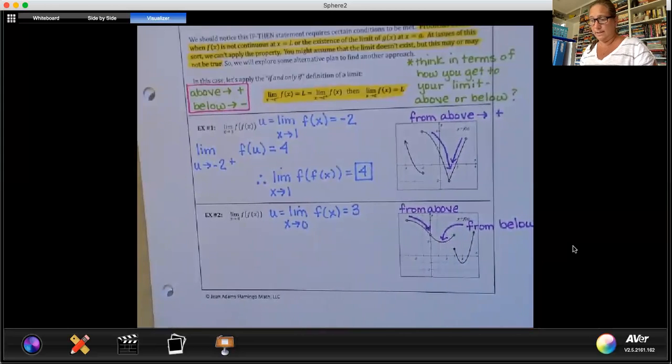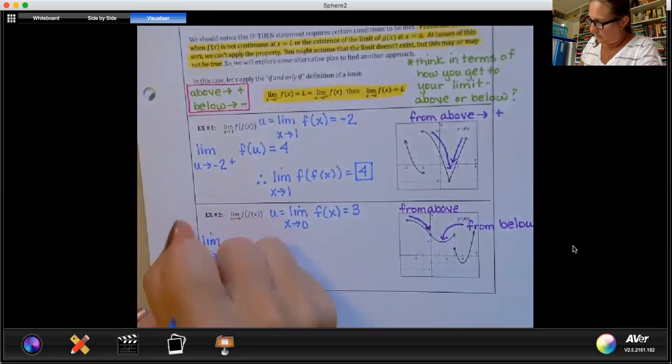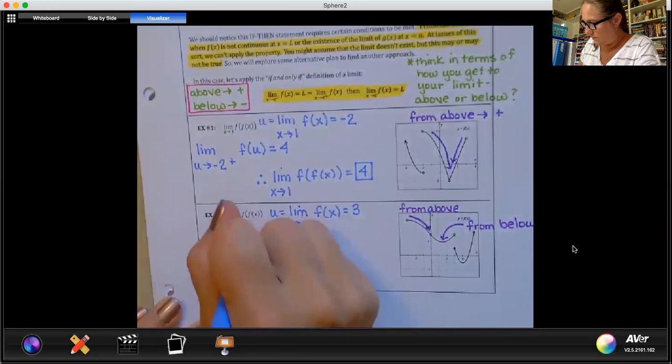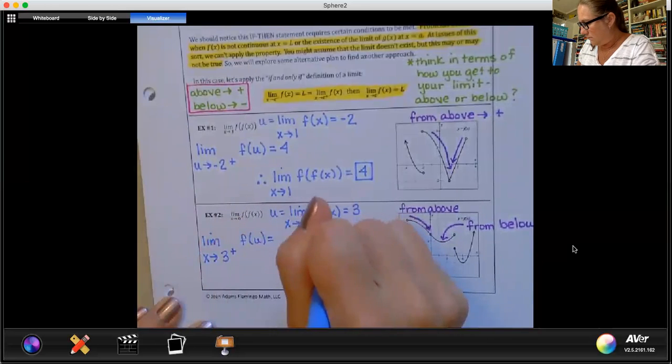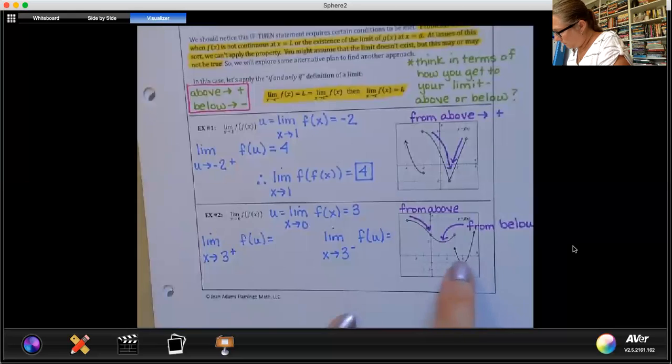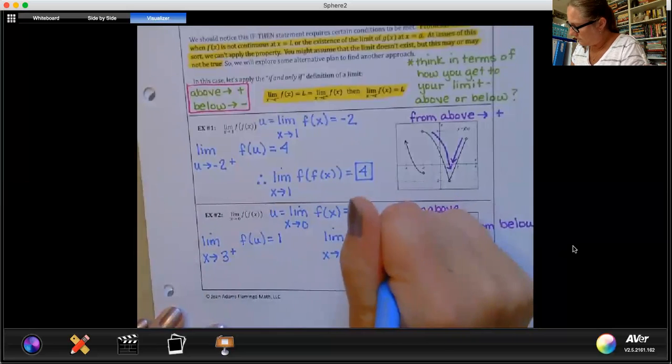That just means you set up two limits: the limit as x approaches 3 from above, from the right, and the limit as x approaches 3 from the left. So 3 from the right is 1, and from the left is 3.